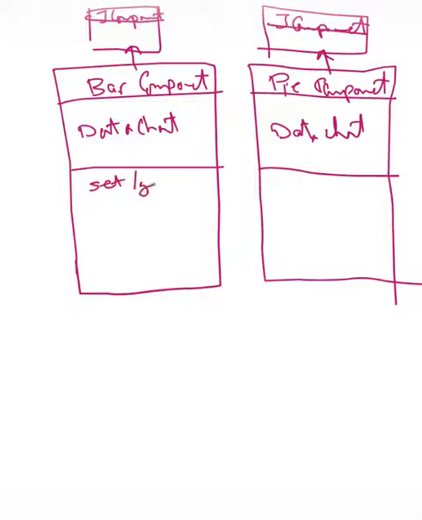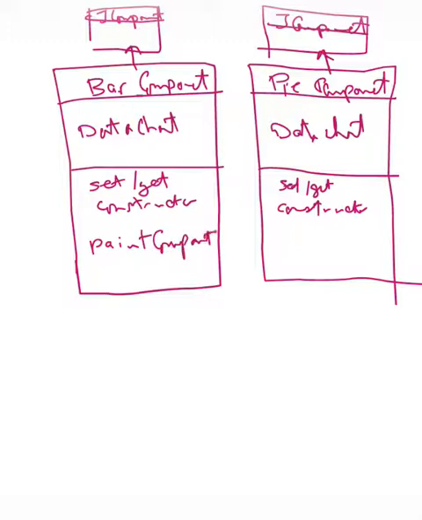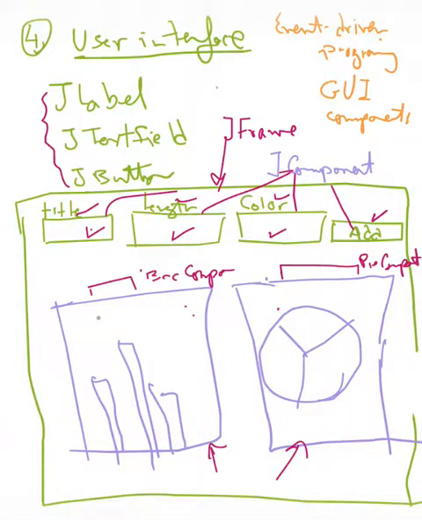Well, you have a standard set and get, and you have a constructor. Same here, and the constructor. And if you go back to your previous studies, each class that's a component needs to override the paintComponent method. Okay? Now, these two components will be the components that we add here.